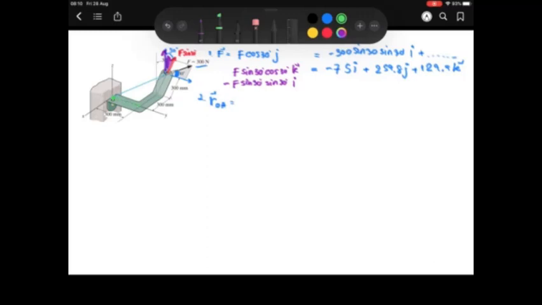The first line is T100 in the y-axis, so it is j, and then minus T100 in terms of the x-axis or vector i. And then for the last step here, you have to find both x and z here, which is minus T100 sine 30 i and then plus T100 cos 30 k.